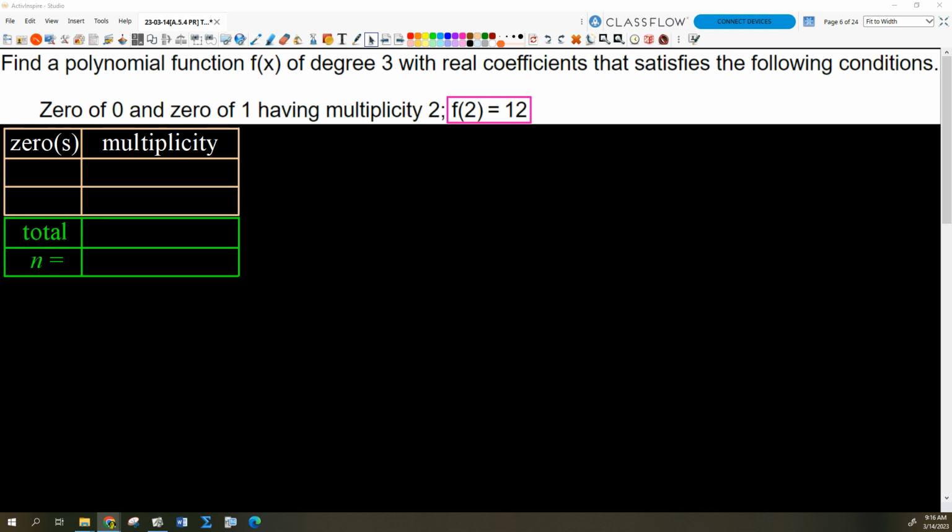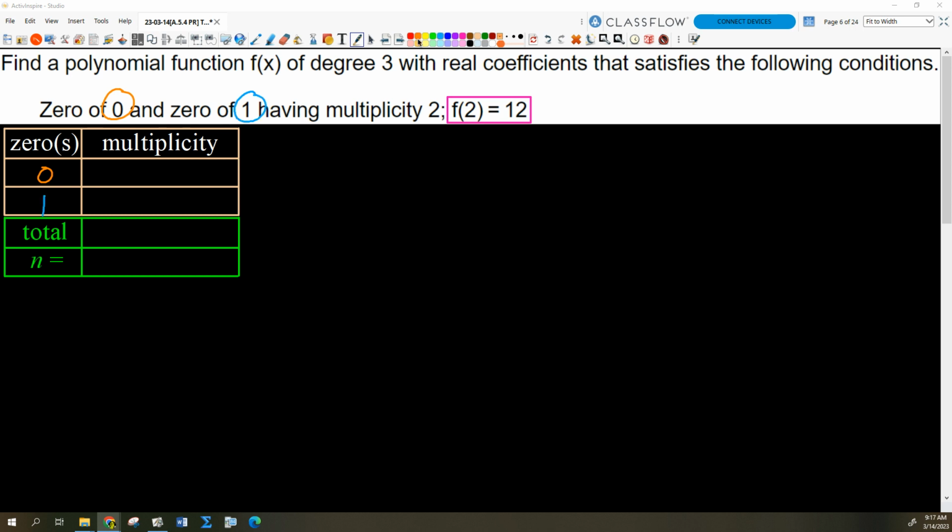Same kind of problem we've been doing. Look, it says find a polynomial function of degree 3. So they're already telling us that, with real coefficients that satisfies the following conditions. The zeros are 0 and 1.